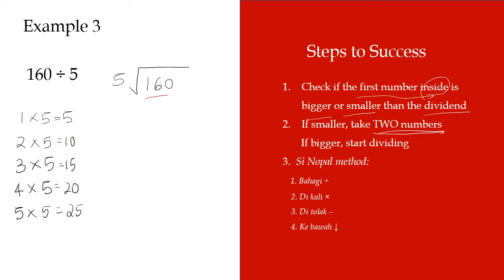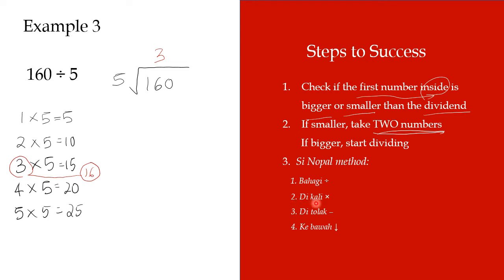No, you don't, but it's hidden in between these two numbers, which is 15 and 20. So you can write down 16 on the side, circle the number and drag it and choose 3, the number on top. That's what you're gonna put up here, which is 3. So that's the first step of Sinopal method.